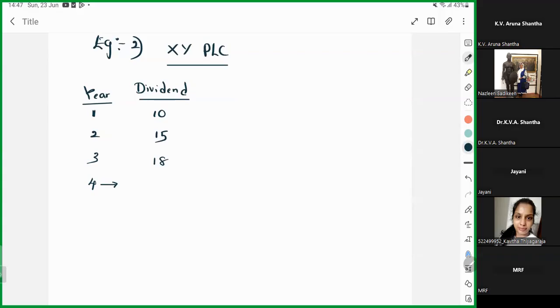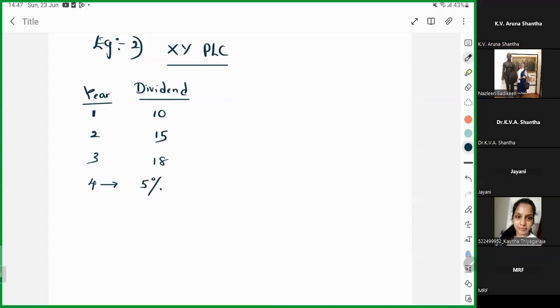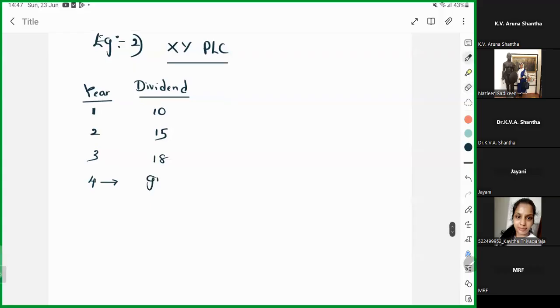So the assumption is next year the company would pay 10 rupees of dividend per share. After that, 15 rupees. After that, 18 rupees. From the 4th year onwards, the company would increase the dividend by 5%. Dividend will grow at the rate of 5% per year.